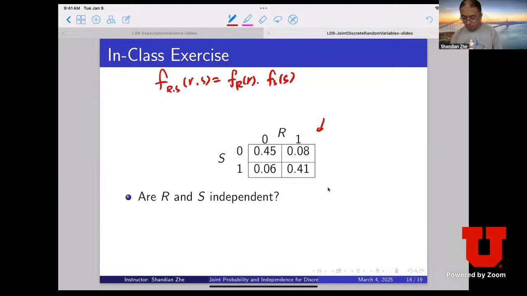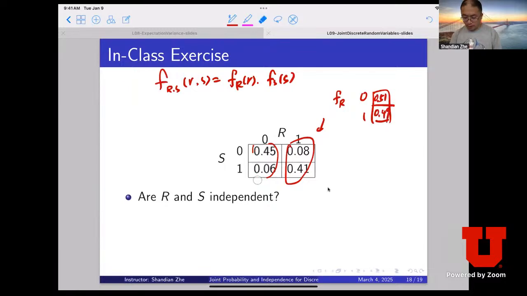So here are the marginal densities. That's for R. R can take 0 and 1. What's the marginal density of R when R takes 0? You just need to add rows, right? Yeah, 0.51, and the second one is 0.49, right?